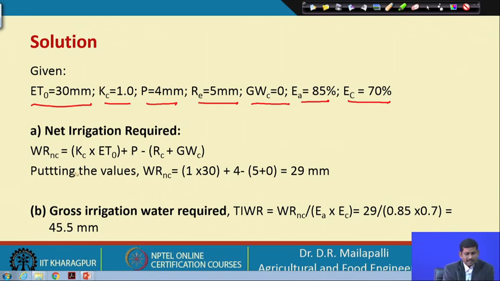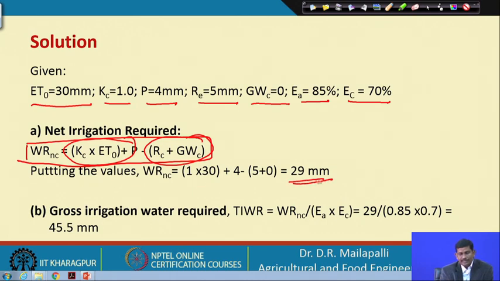If you recall the formula, net irrigation requirement equals Kc into ET 0, the crop demand, and P, deep percolation, are losses, and these are gains. Putting the values you get 29 mm as net irrigation requirement, and 29 divided by the efficiency terms you get 45.5 mm.